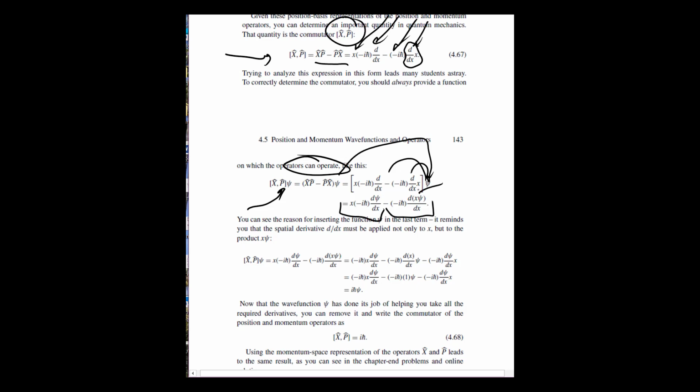But this one, we've now got a product in this derivative, which means we've got to take the derivative of the first term with respect to x and multiply it by psi, and then take the derivative of psi with respect to x and multiply that by x. That's shown down here. When you work through, you find that the first term from here cancels this term, and you're left with this. There's a minus minus, that becomes a plus, and you get i h bar times psi. So the commutator operating on psi gives you i h bar psi.